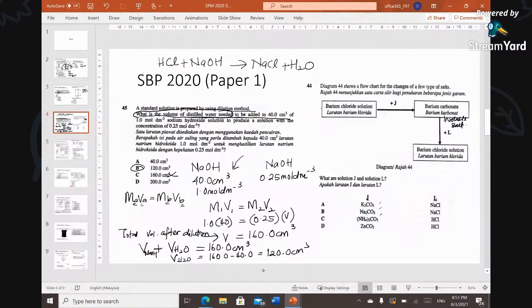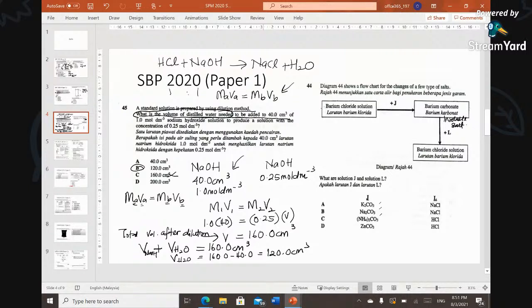If you look at the ratio between HCl and NaOH, the ratio is 1 to 1. So when the ratio is 1 to 1, you can use MAVA equals MBVB. Okay, M1V1 equals M2V2 is before and after. Before you are adding distilled water and after adding distilled water, your number of moles is going to be the same. So same case over here also, the number of moles are the same.